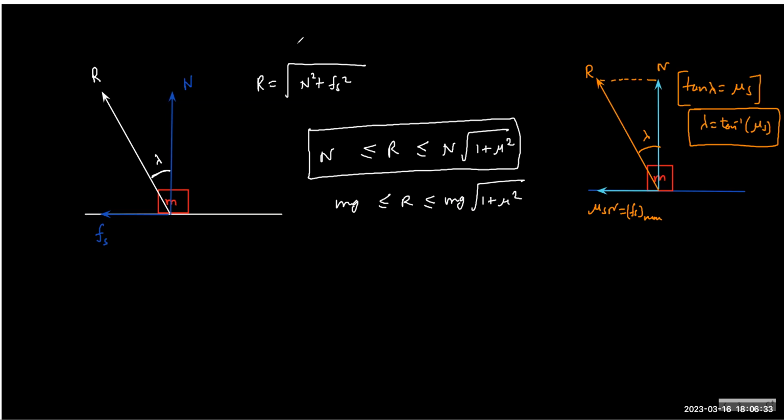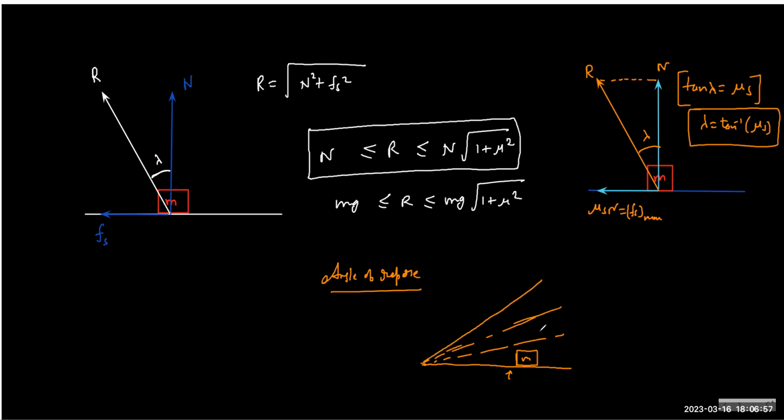The last concept from friction is called the repose concept, angle of repose. So what is the angle of repose? If we have a plane and it's a rough plane, there is a block. And as you start tilting the plane slowly, at one particular angle, what will happen?